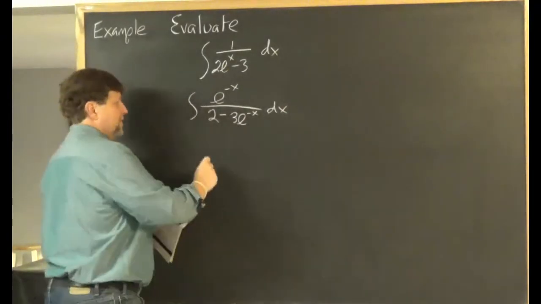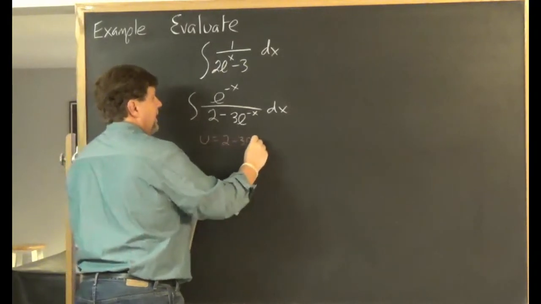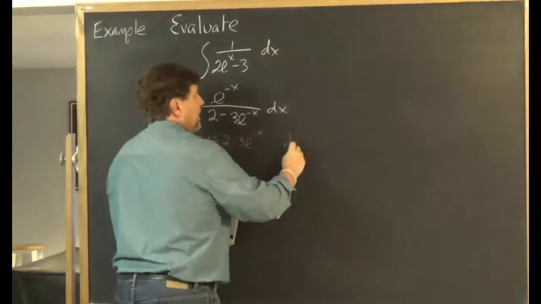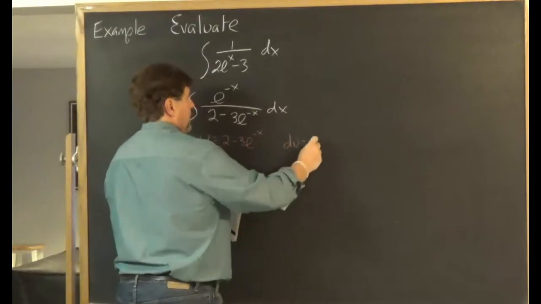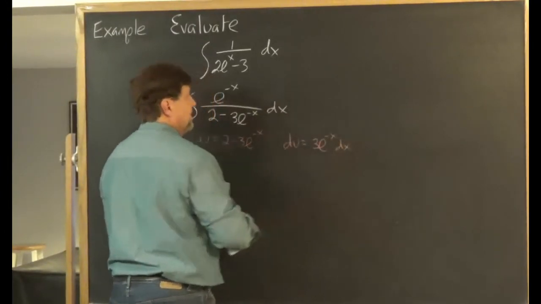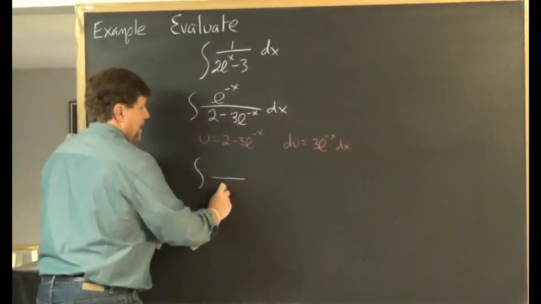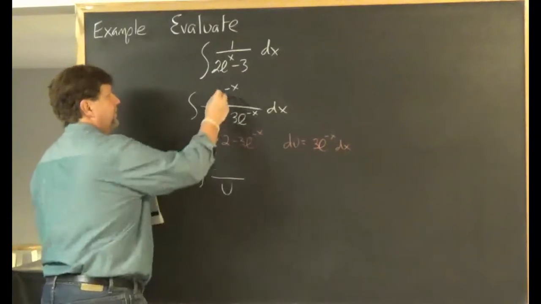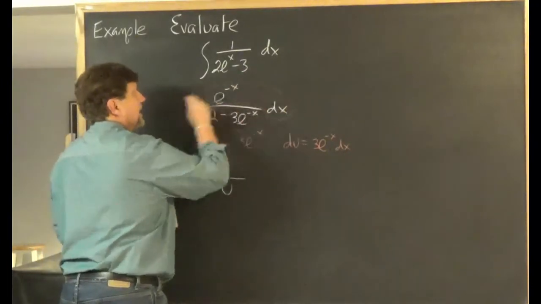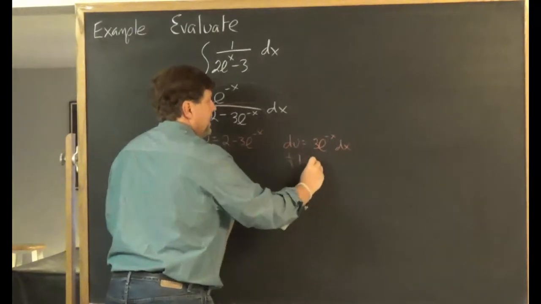Now when I do my U substitution, when I let u equal 2 minus 3e to the negative x, my du is just 3e to the negative x dx. I'm starting to feel pretty good about it now. My denominator's u, and my e to the negative x dx, that's 1/3 du.